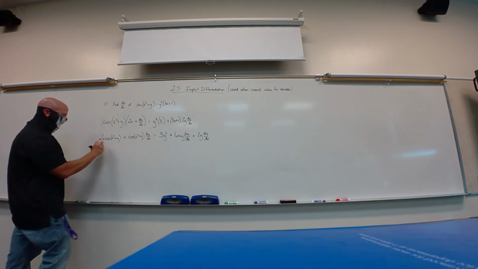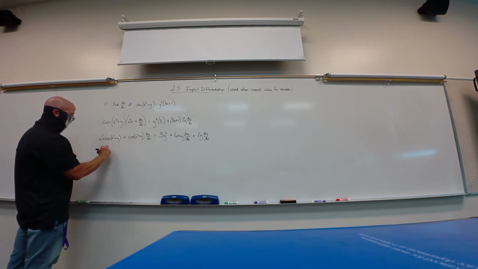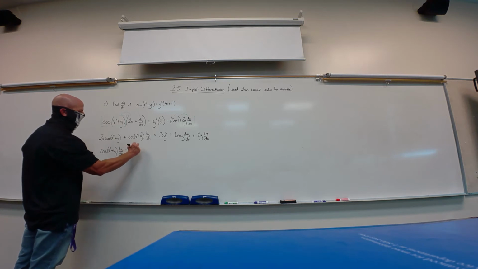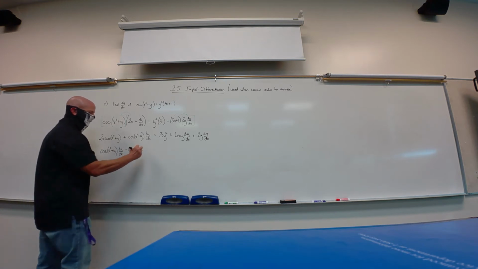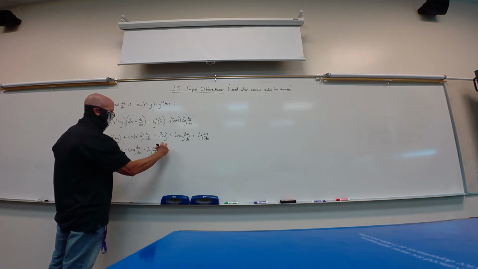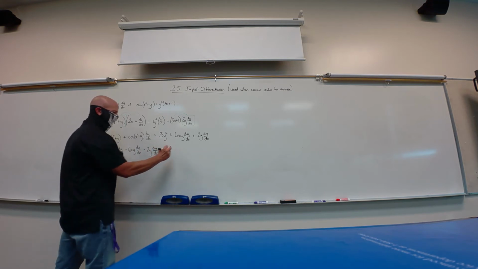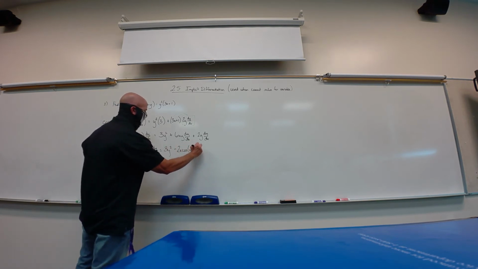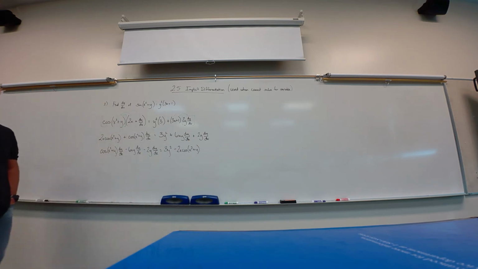Okay, so cosine x squared plus y dy dx minus 6xy dy dx minus 2y dy dx equals 3y squared minus 2x cosine x squared plus y. As you're writing that down, a lot of writing, a lot of stuff going on.